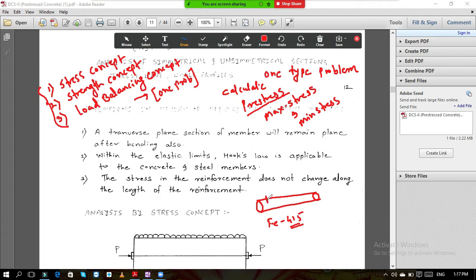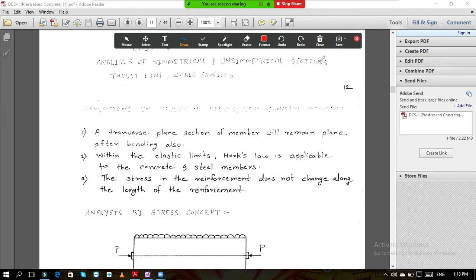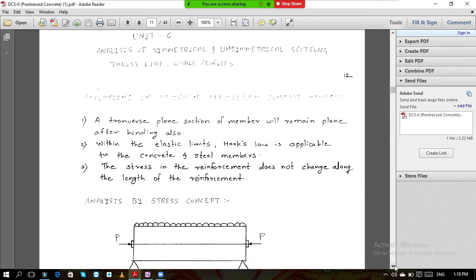So at this point the stress is also 415. At this point it is 415. At this point it is also 415. So along the length, the stress does not change. That is the meaning of this third assumption. First two assumptions are already known to you. So we will move further and we will see what the strength concept is.